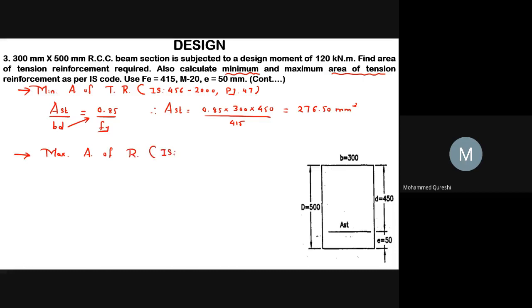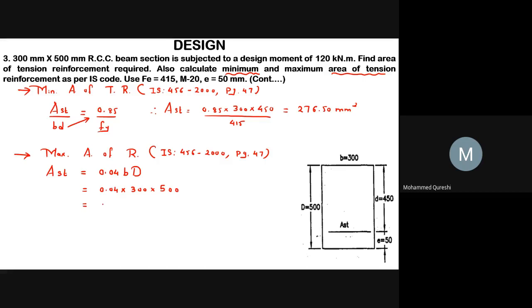In IS code 456 2000, page number 47, one equation is given as Ast equals 0.04 b into capital D. So 0.04 into b, given as 300, and the overall depth is 500.